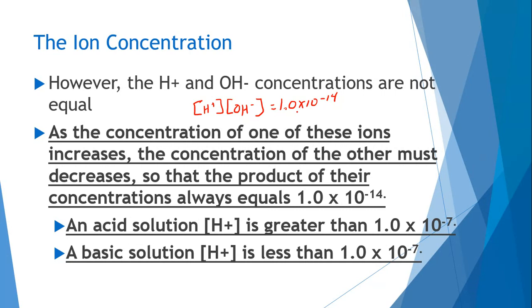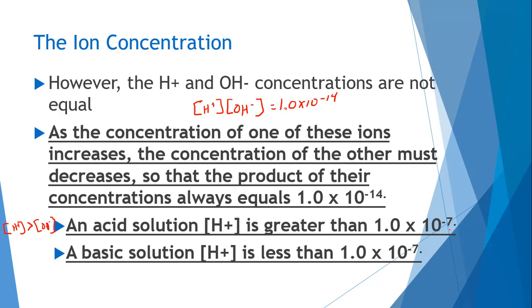So based on this concentration, we can say if something is going to be acidic or basic. So here, if my H+ concentration is bigger than my hydroxide concentration, we are considered an acid. And here it says with numbers, if your H+ is actually greater than 1.0 times 10 to the negative 7th.